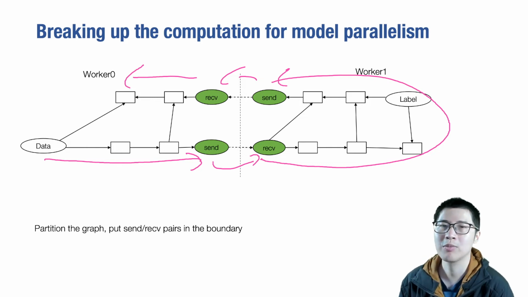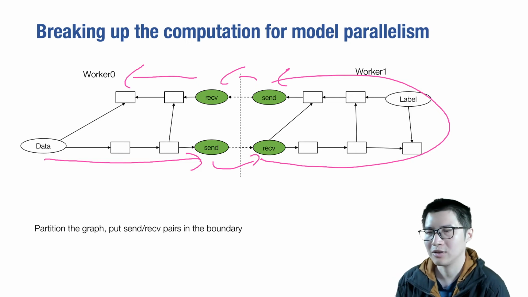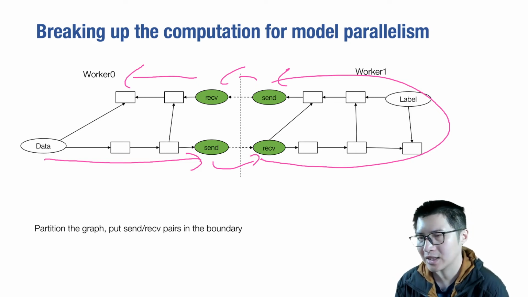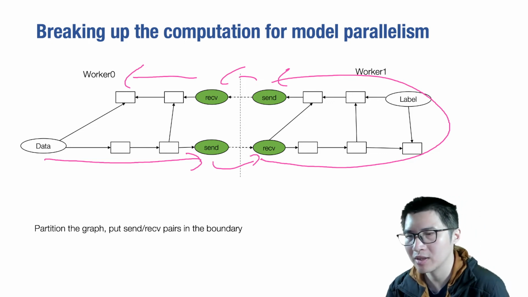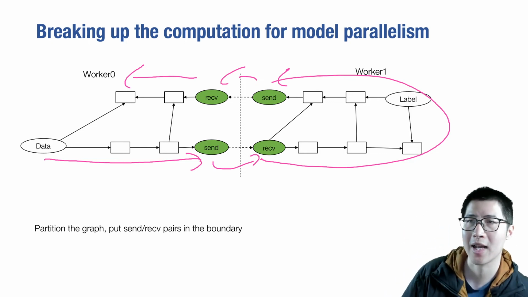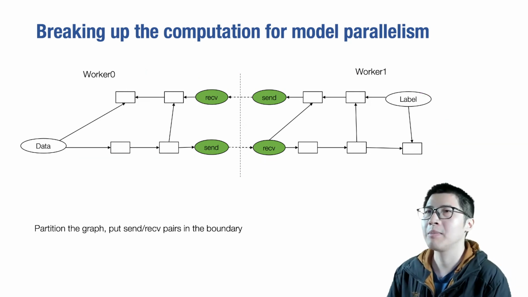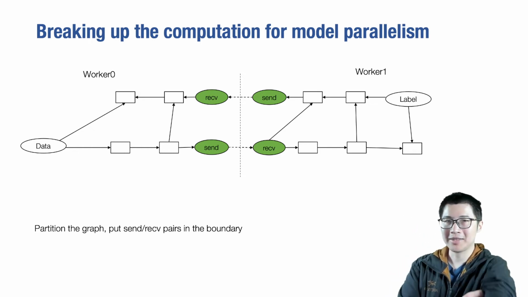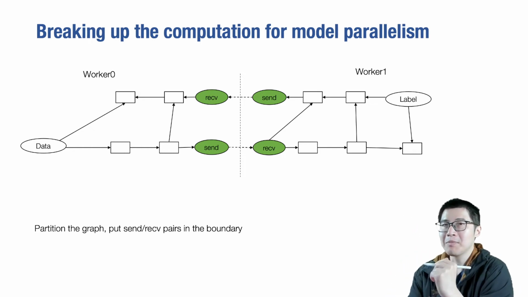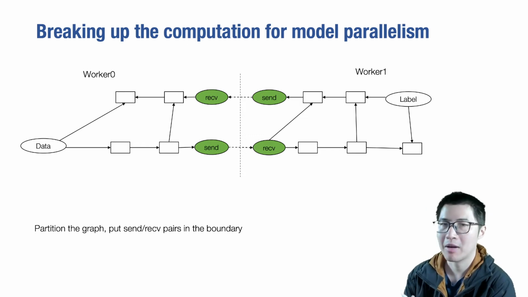So the effective way to break up a computational graph is to take your computations, break them apart across different workers, and insert these send and receive pairs. One thing you might notice about this computation is that there's not a lot of parallelism in here. So in practice, what people normally do is apply a technique called pipeline parallelism.